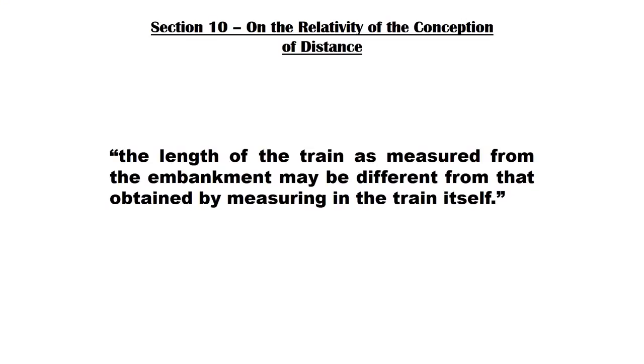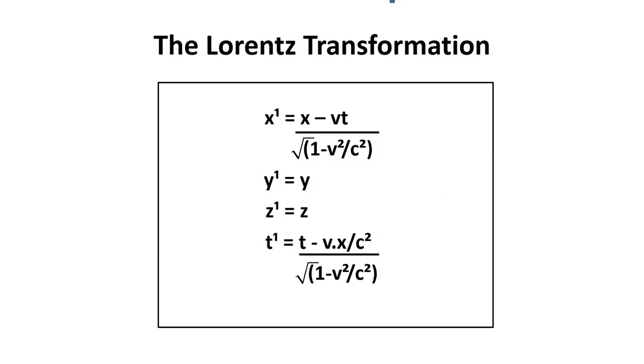He stated that the length of the train, as measured from the embankment, may be different from that obtained by measuring in the train itself. He followed this warning with the introduction of the Lorentz Transformation, which we will now use to examine Einstein's assertion.